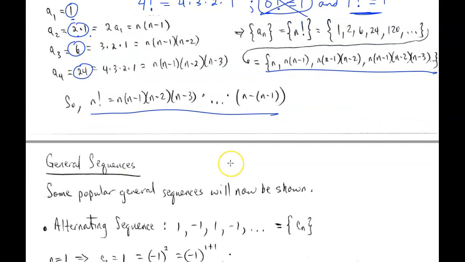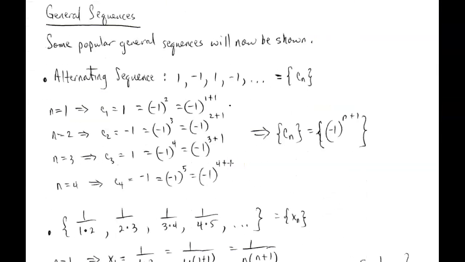All right, so let's look at general sequences now. These are the sequences where we are able to express what the list of numbers is going to look like with just a function in terms of n, where n is going to be a subset of the natural numbers.